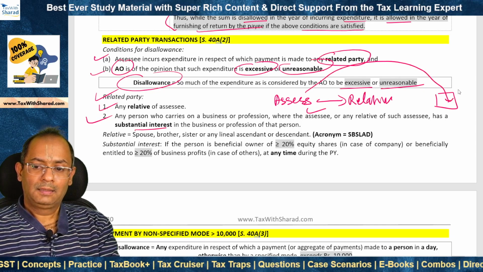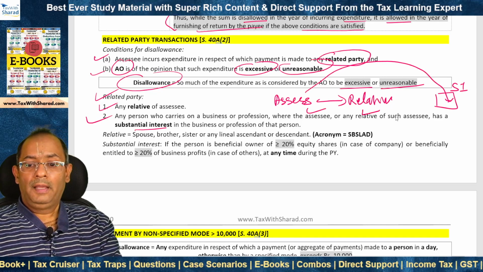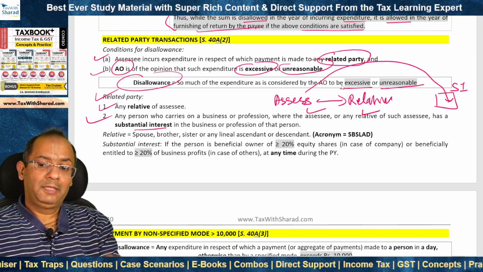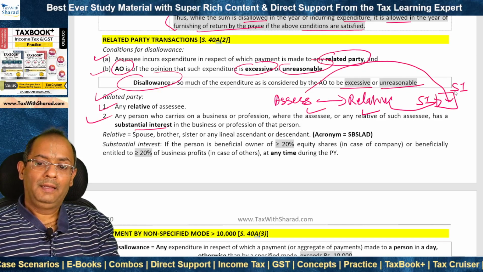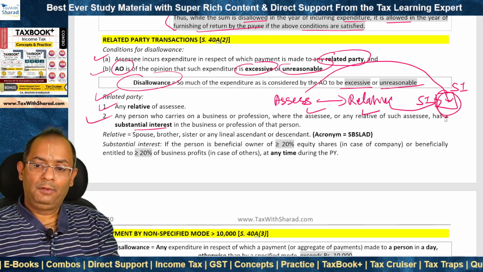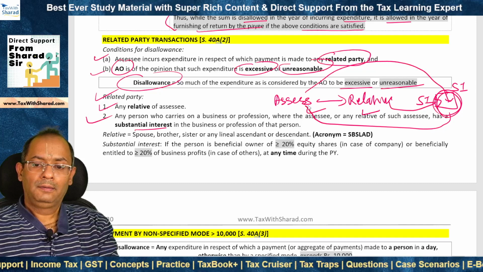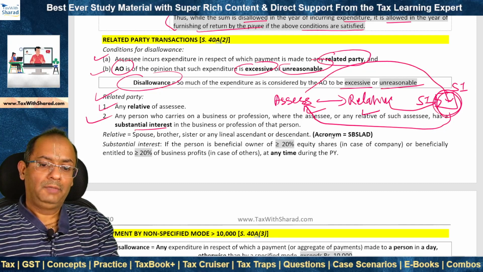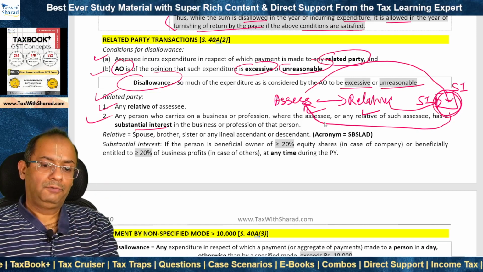So if the assessee has a substantial interest, or any relative of such assessee has a substantial interest, in that case also, this particular person who is carrying on a business or profession will be considered as a related party in the context of the assessee. So any payment made to a related party will fall under section 40A(2).